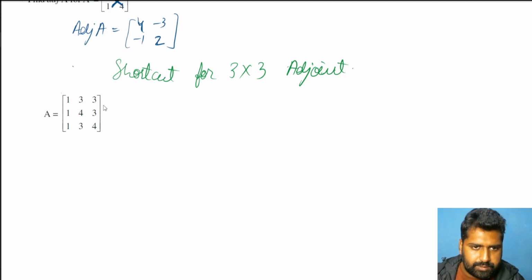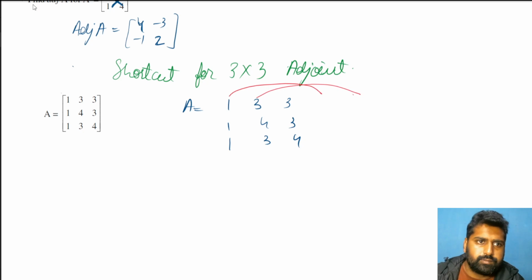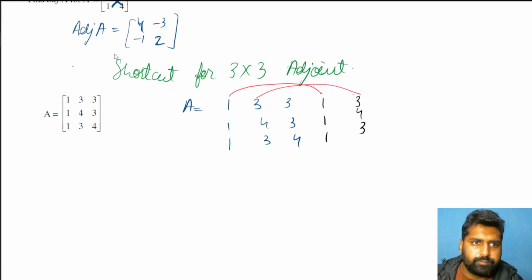What you do is, let's write the A matrix first. 1, 1, 1, 3, 3, 4, 3, 3, 4. Copy the first column, copy the second column. So what I've done is copied it. 1, 1, 1 here, 3, 4, 3 here.